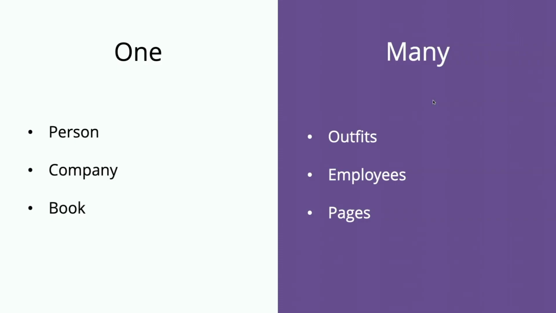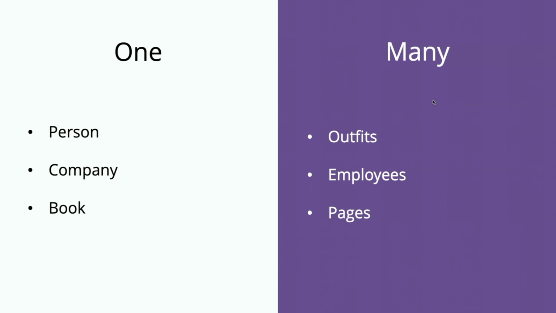But there can also be a one-to-many relationship. With the one-to-many relationship, one example could be one person has many outfits, but each of those outfits is only worn by one person. Another example could be one book has many pages, but each page only belongs in that one book.